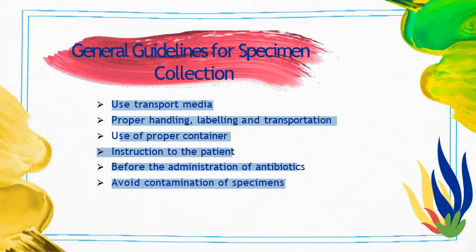For example, your patient has a flu or other infectious diseases. You need to determine if your patient took any antibiotics prior to your collection because it affects the accuracy of the result of your data. For example, the patient is now taking antibiotics for Streptococcus aureus.